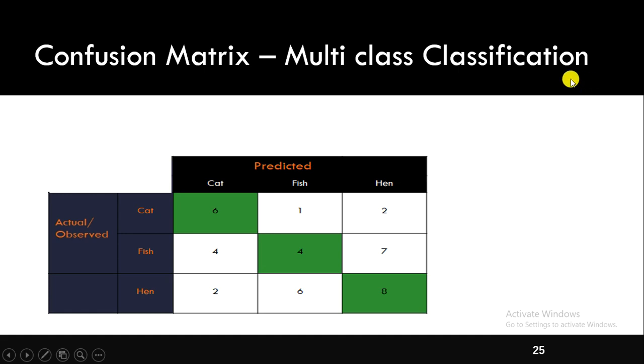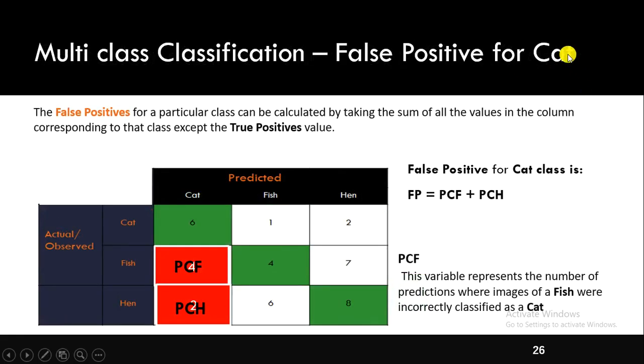Now let us try to understand how to interpret the values in the confusion matrix. It is quite challenging compared to interpreting the 2x2 binary class confusion matrix. When you look at this, if you want to find out the false positive, how do you find it?